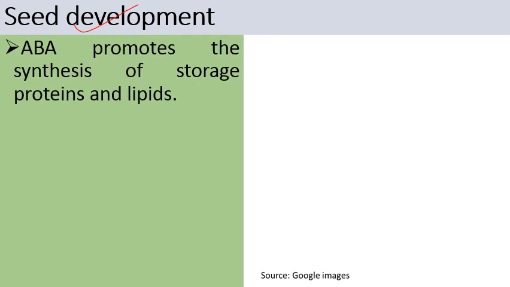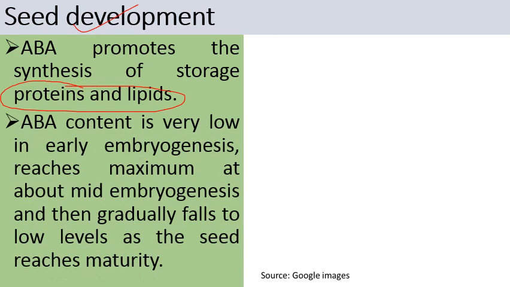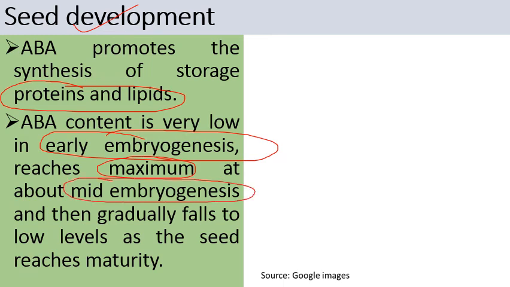Next is seed development. ABA promotes the synthesis of storage proteins and lipids. ABA content is very low during early embryogenesis, when seeds start developing, during the formation of the early embryo. The concentration of ABA reaches maximum at the mid of embryogenesis, and then gradually falls to low levels at the time of seed maturity.